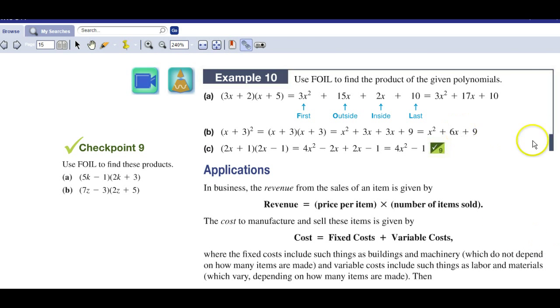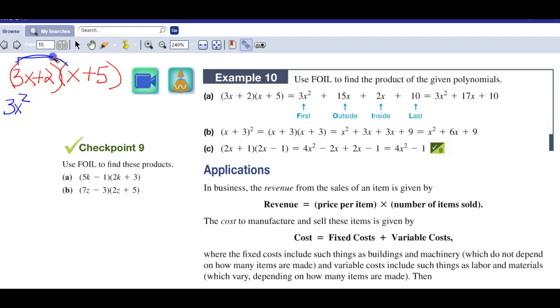Now, a modification of this is when you see, and let's do one of the foils up here. Now, in the beginning, you can actually make a line here and say these are your first. So that's going to be a 3x squared.